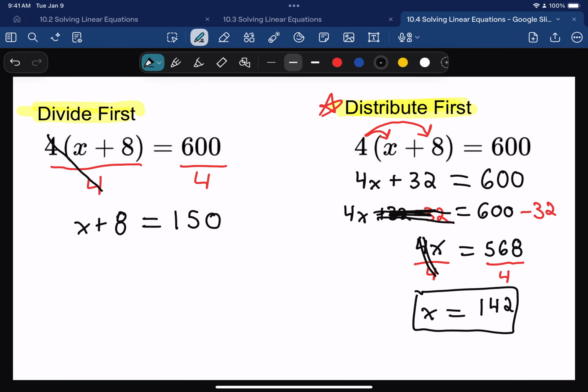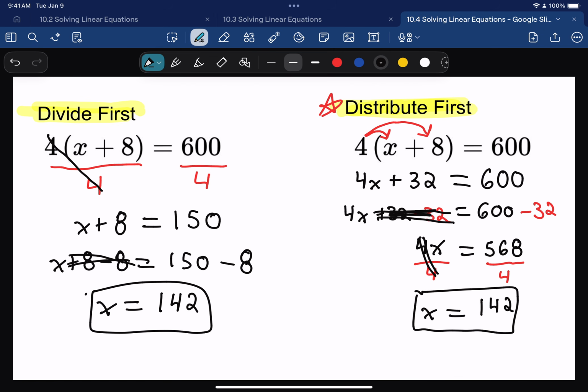So now we have an equation that looks like this. Not too bad. So what we're going to do now to get x by itself is subtract 8. So x plus 8, we subtract 8, equals 150 minus 8. We do it to both sides, right? The plus 8 and the minus 8 are going to cancel each other out, and we are left with x equals 150 minus 8, which is 142.